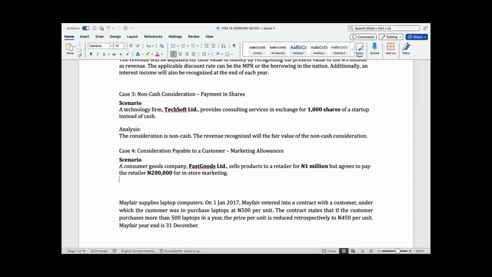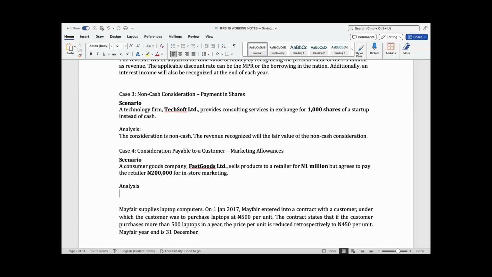If they market, they will give them some freebies, some money like that. So if I analyze this, I will say the transaction price here is 800,000. That is 1 million minus the 200,000.